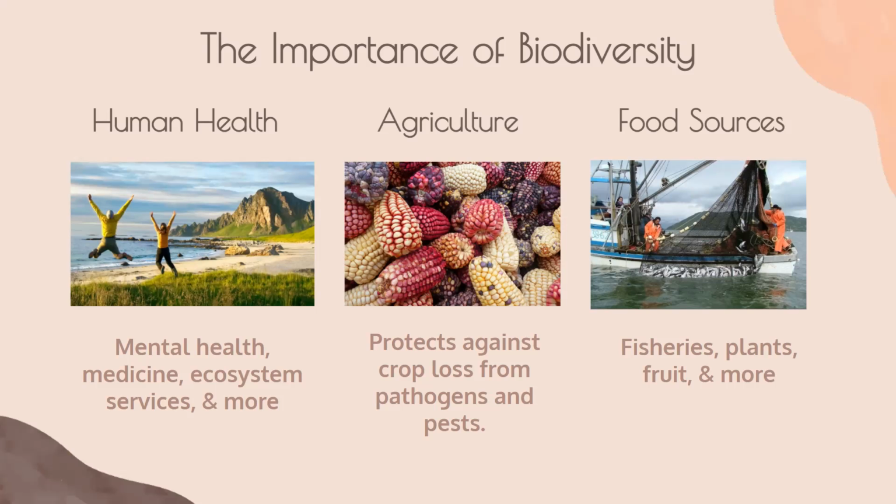So human health. We have found that mental health is seriously impacted when people do not have access to nature. It also affects the type of medicine that we have. A lot of our medications we manufacture synthetically, but they are based on chemicals that we found in the rainforest, for instance.